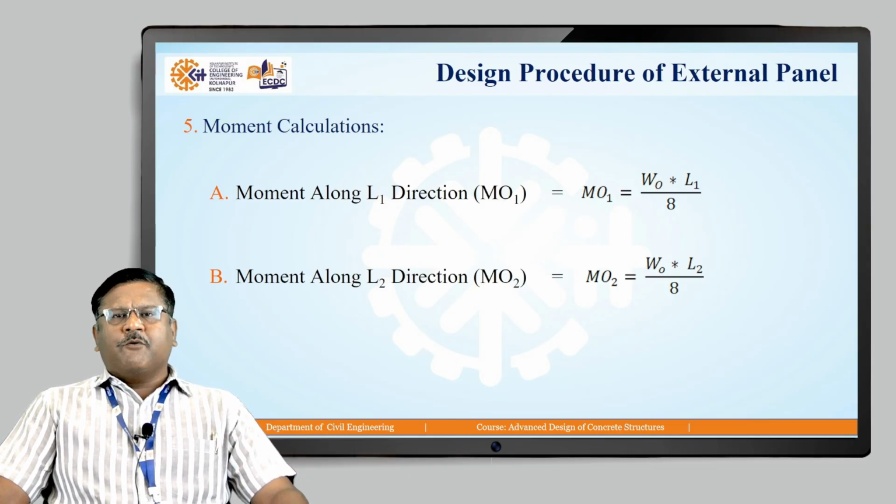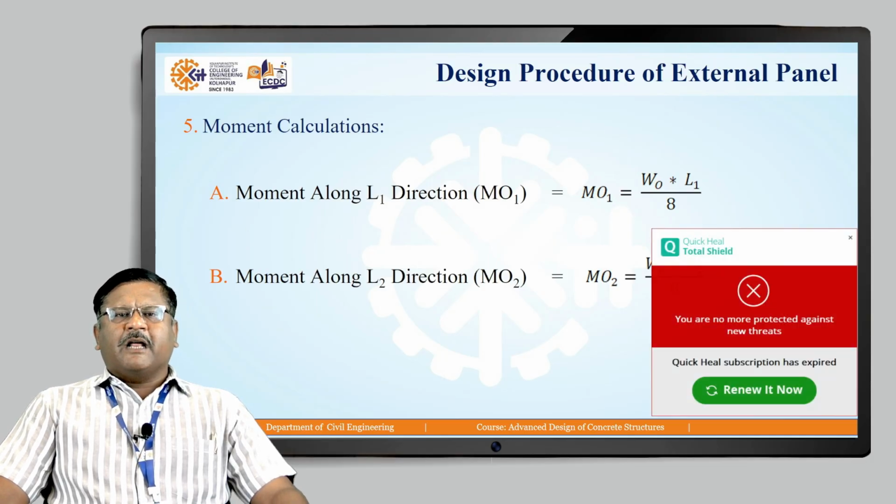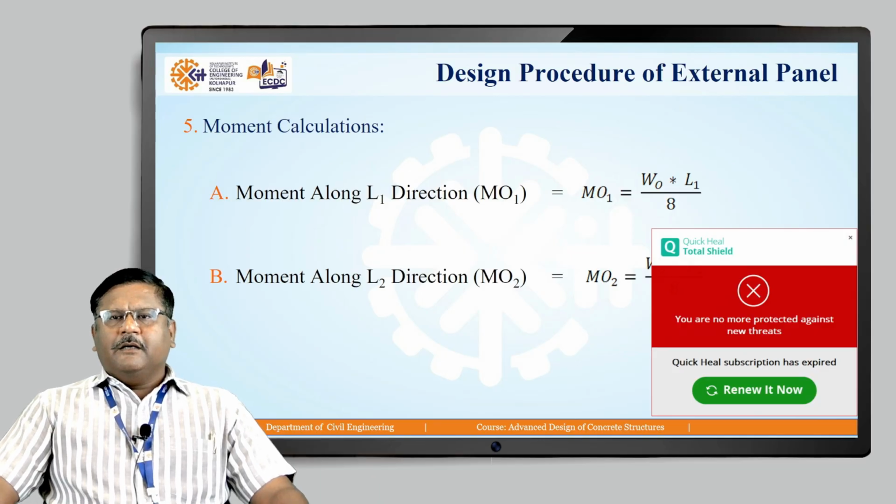The formula is moment is equal to total load on the slab multiplied by span upon 8, WL by 8. If your direction is L1, then W naught into L1 upon 8. If the direction is L2, then W naught into L2 upon 8.